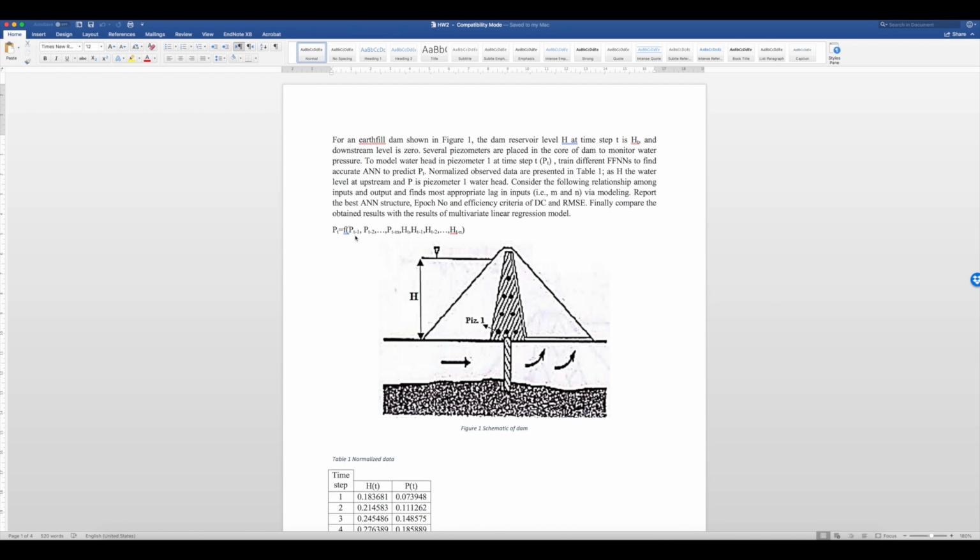One of them, which is mostly used, is the autocorrelation function, or also the partial autocorrelation function, and we can also use the cross correlation function to identify.